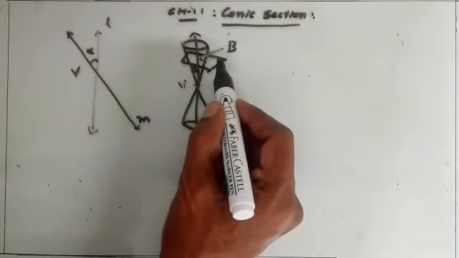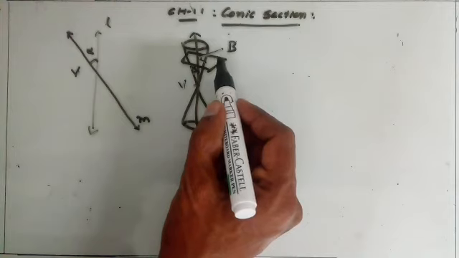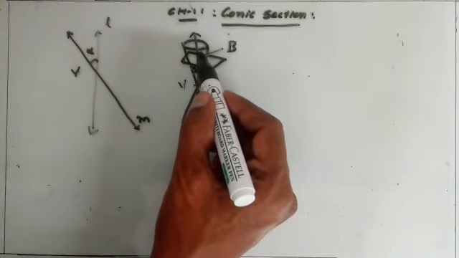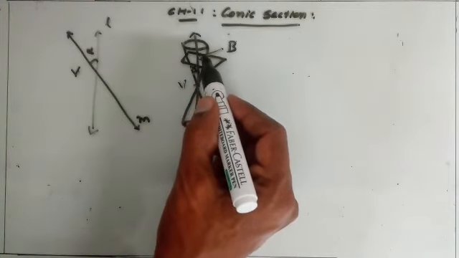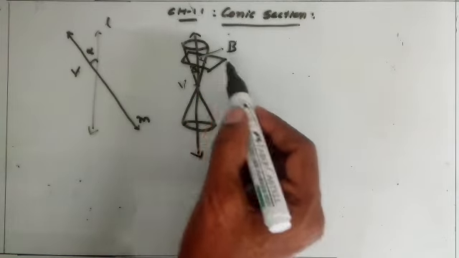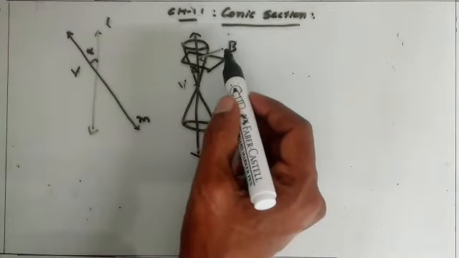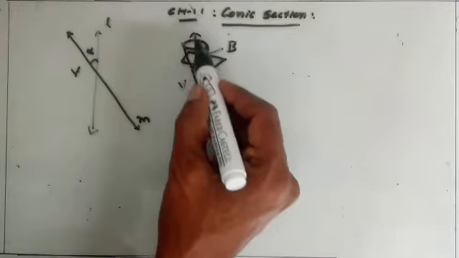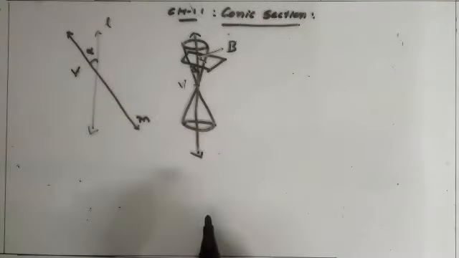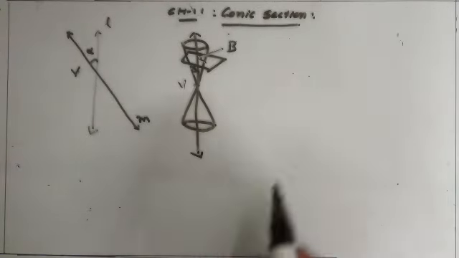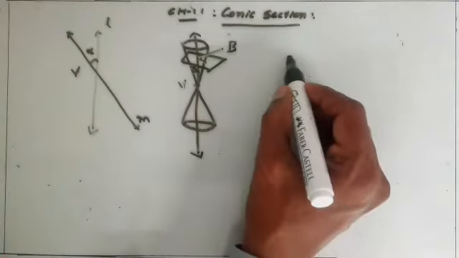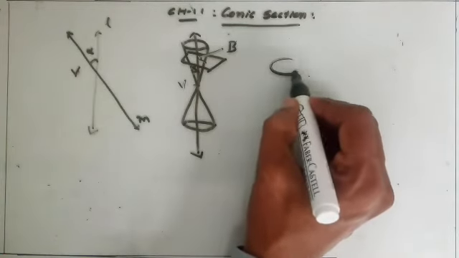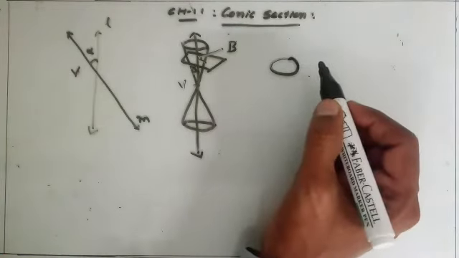Here the plane cuts this right circular cone in a different form, making different angles with this axis of the cone, then we get different types of curves, like a circle.